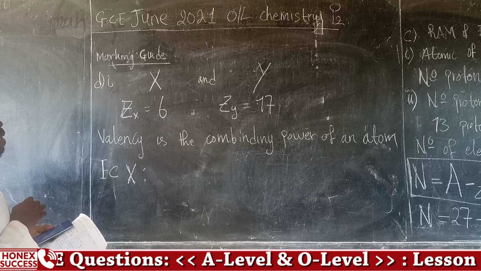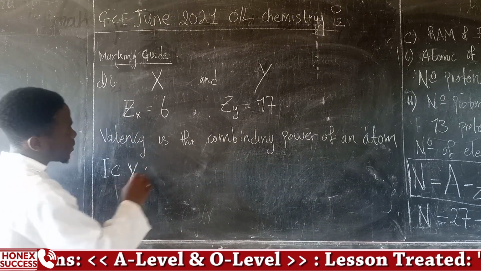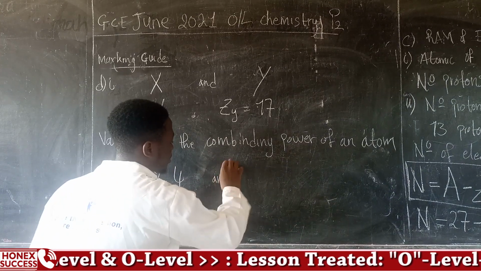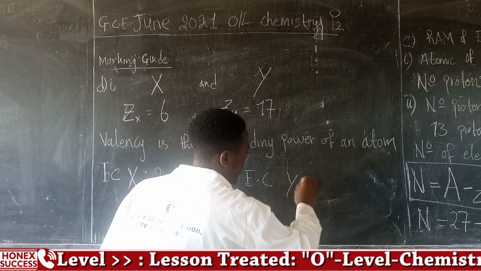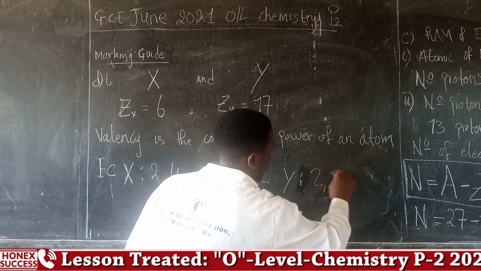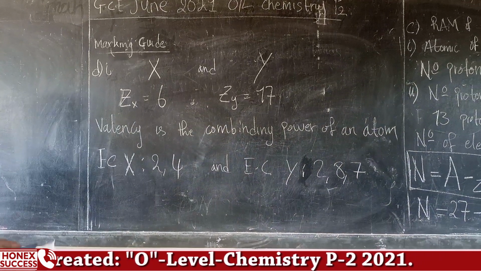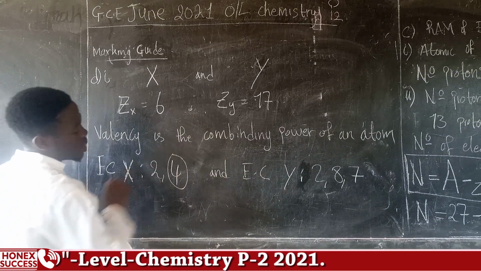So we start by stating the electronic configuration of element X. From their atomic numbers that were given, the electronic configuration of element X will be 2, 4, and that of Y will be 2, 8, 7.